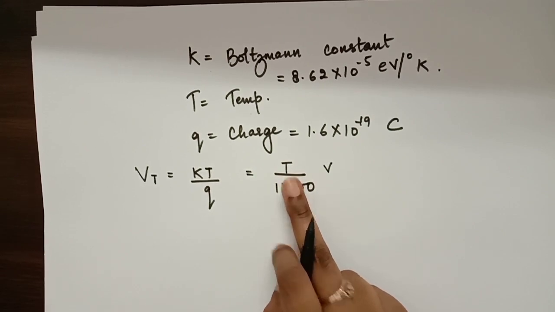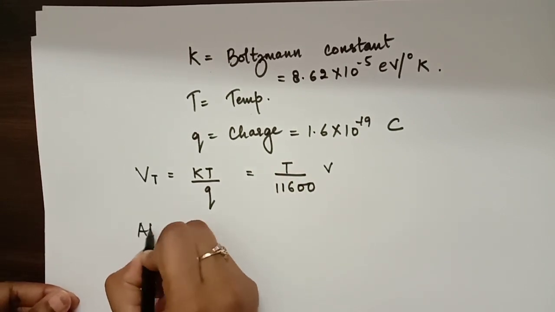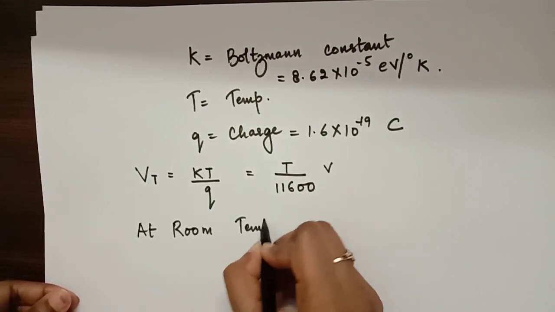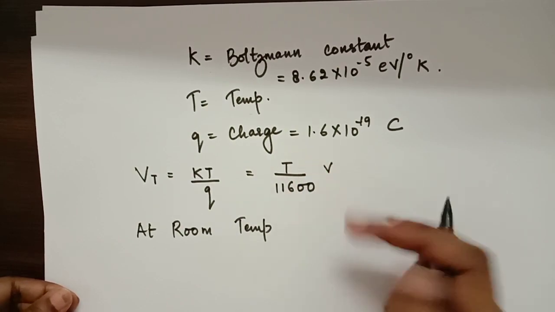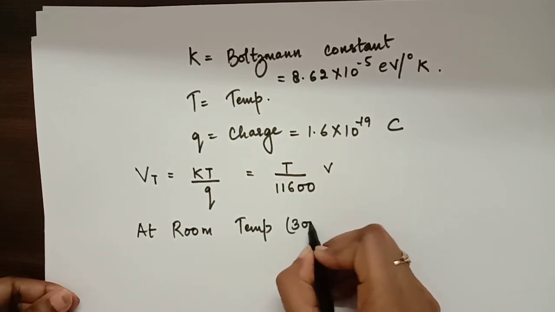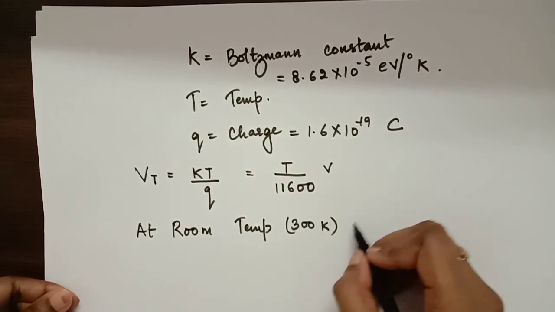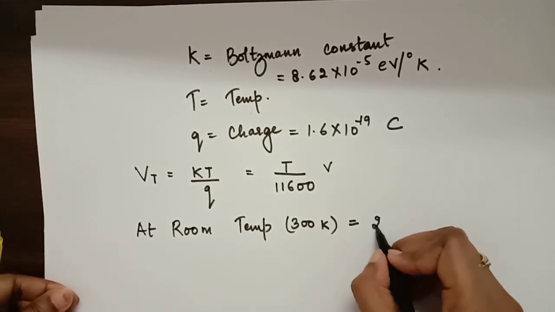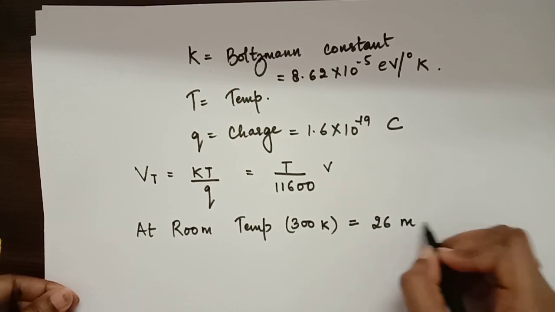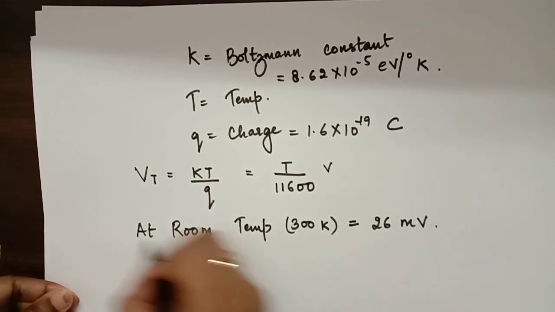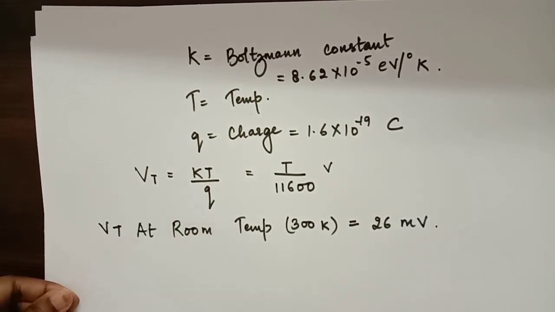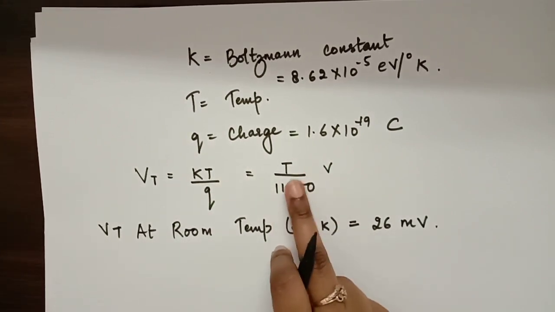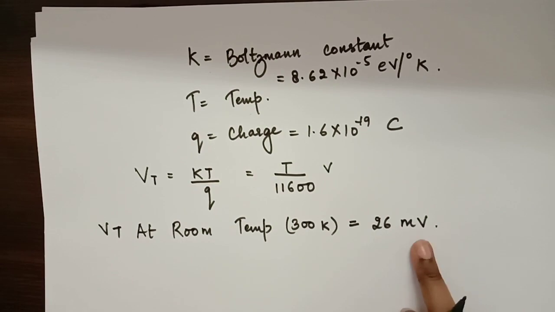But you have to remember one value. If room temperature is given, that is 300 Kelvin, you will put 300 over here and find the value easily. But because room temperature is very common, you can remember its value, that is 26 millivolt. So VT at room temperature is equal to 26 millivolt. When you put 300 over here, you will find this value.